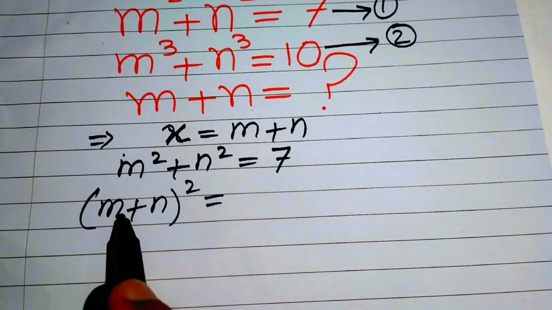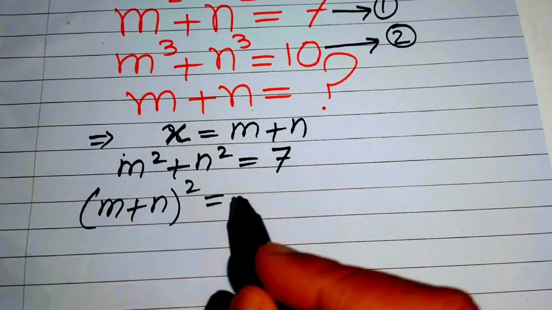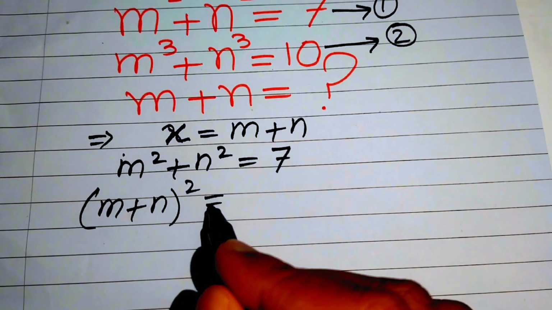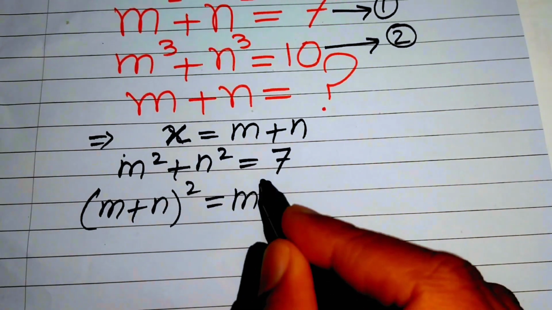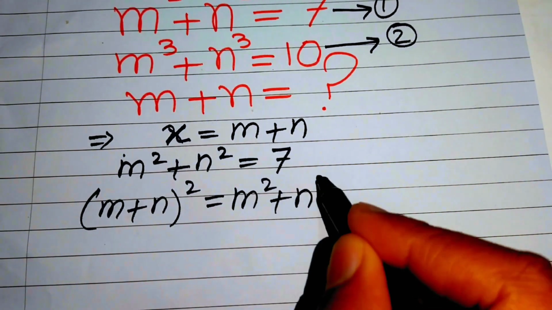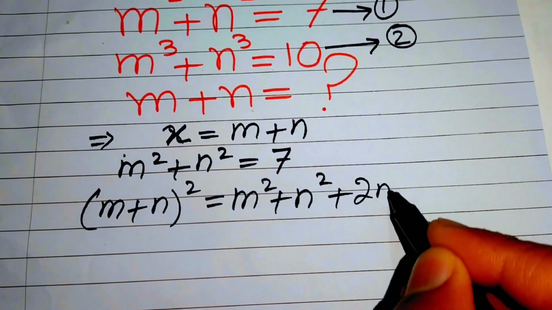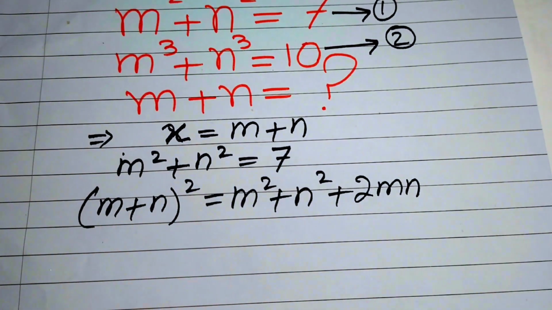When you open the square identity, you get m square plus n square plus 2 times m multiplied by n. So here we get this equation.